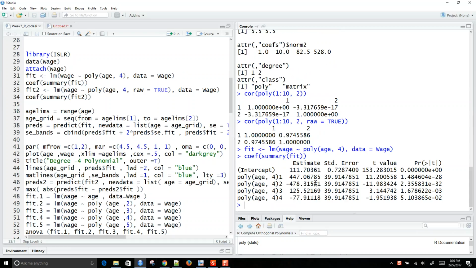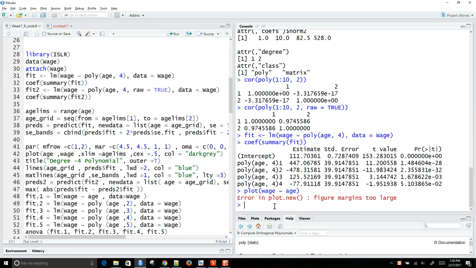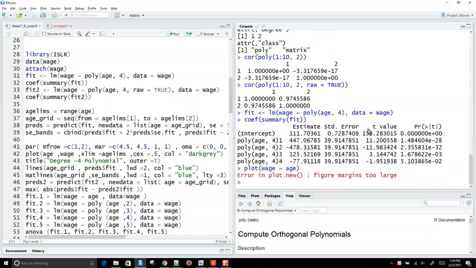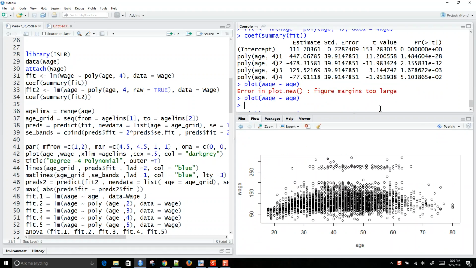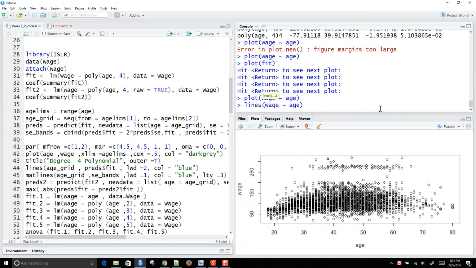Okay, and so we have this, and then can I plot the fit on here? This is what we get. Let's see. No. Okay. And then if we did the raw, then we get something a little bit different. Okay.